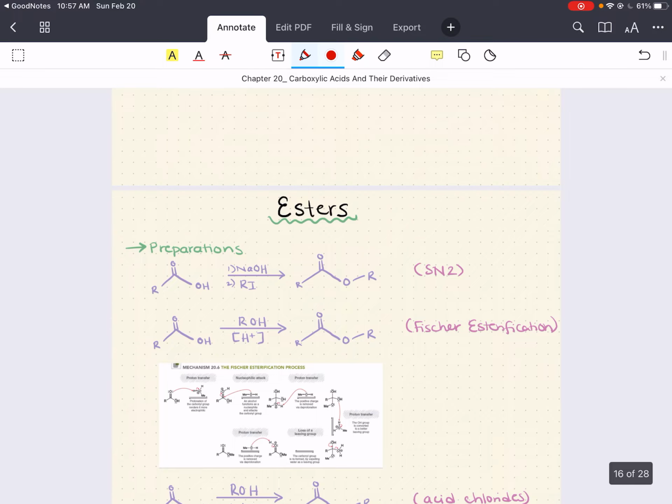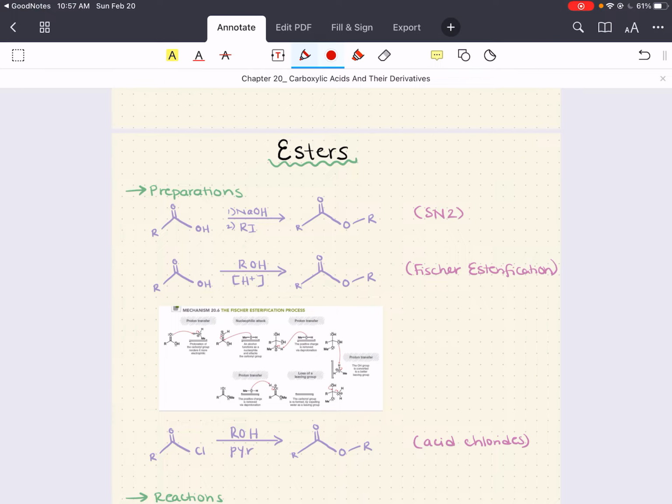Ester preparation. When treated with a strong base followed by an alkyl halide, carboxylic acids are converted into esters. Carboxylic acids are also converted into esters when treated with an alcohol in the presence of an acid catalyst.